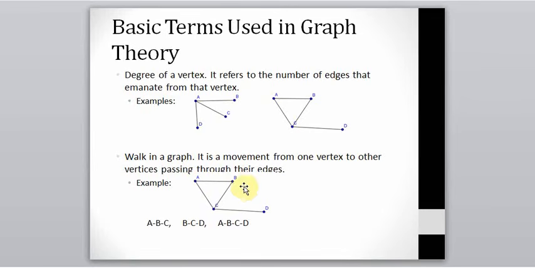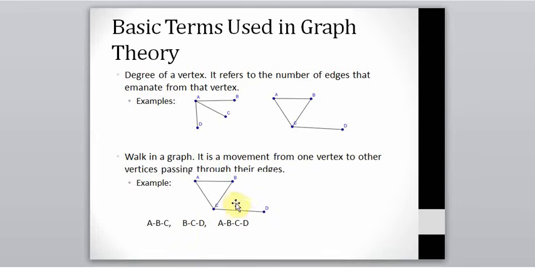So look at B to D. You cannot make a walk from B to D since there is no edge between them. So make sure that there is an edge when you do a movement from one vertex to another.